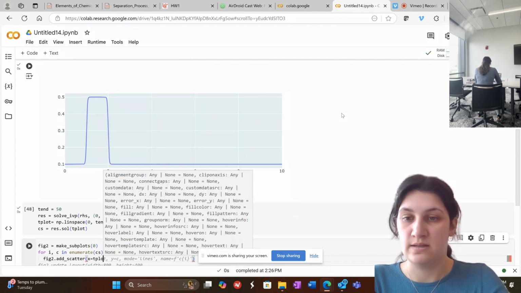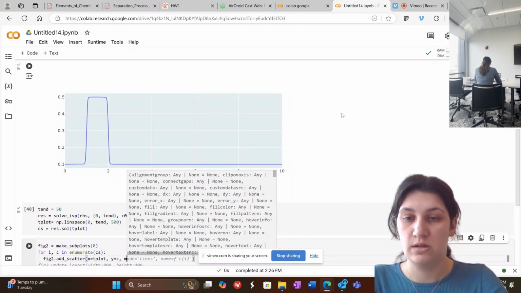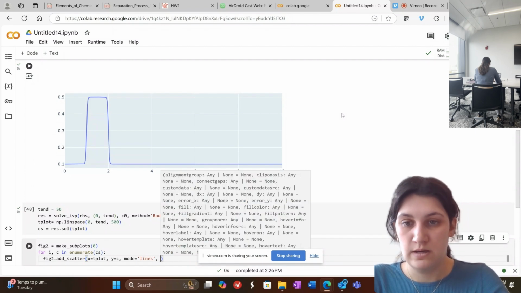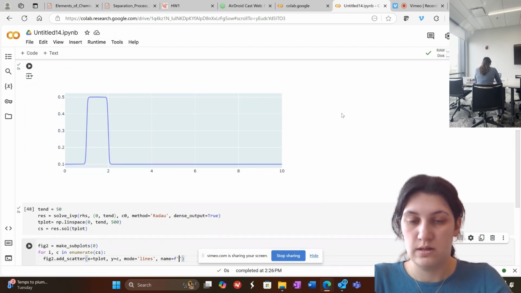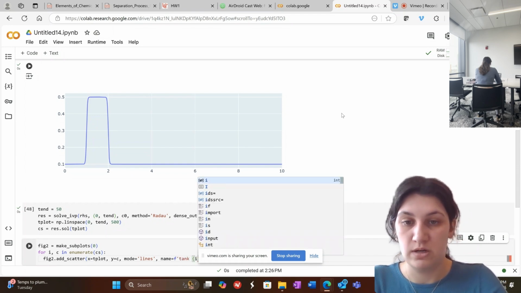Our x-axis is t_plot, the y is concentration, we want lines, and we want to name each line, so we're going to do tank, and then whichever iteration it is.